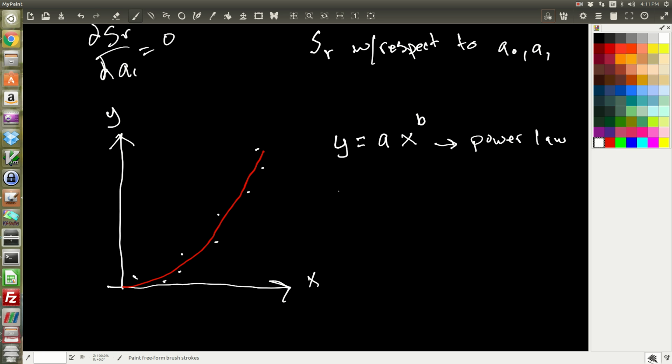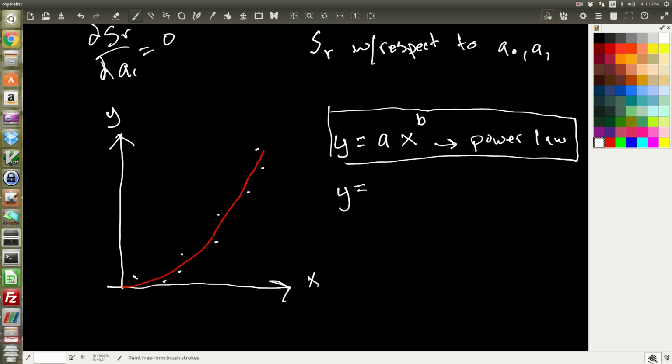Maybe we have another form that's linearizable. This form right here can be made linear just by a transformation of variables. And so can other nonlinear relationships. Like the exponential: if I have some parameter a times e raised to the b times x, this is the exponential relationship.